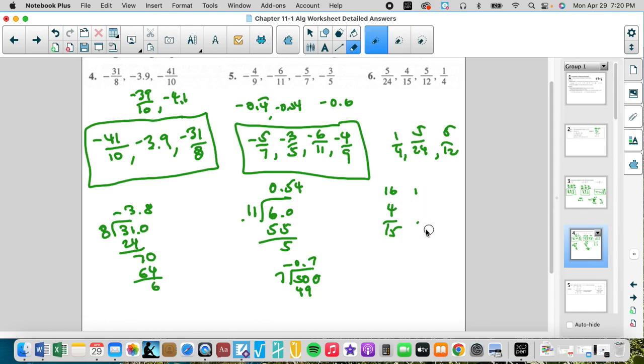Okay, so now we do 4/15ths with 5 24ths. And 24 times 4, well, that's going to be 4 times 25 is 100, so that's going to be 96, and that's going to be 75, so 4/15ths is bigger than 5 24ths.